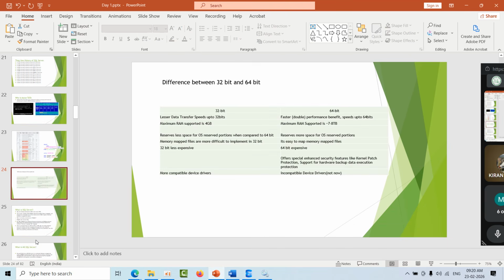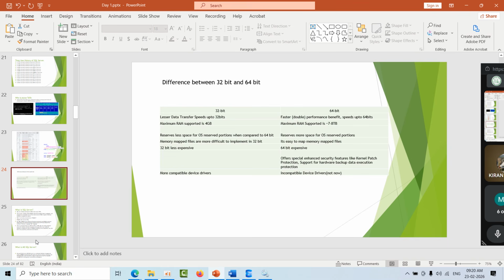Now, 32-bit hardware, 64-bit. Previously, in the olden days, around 10 years back, we had two kinds of bit-ness, in both hardware and software. If you have a 32-bit CPU, it supports only a 32-bit operating system.